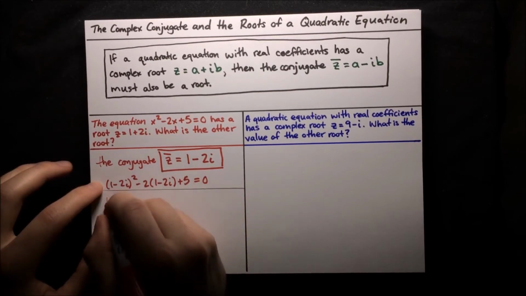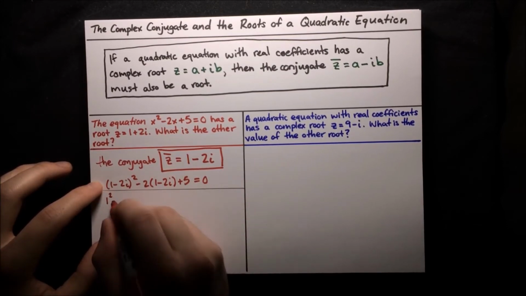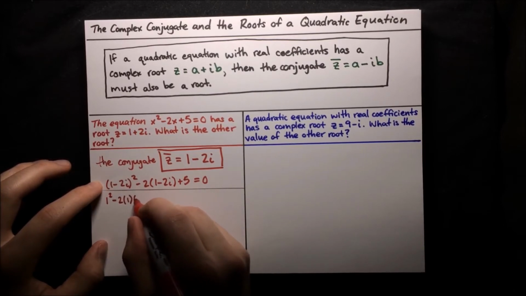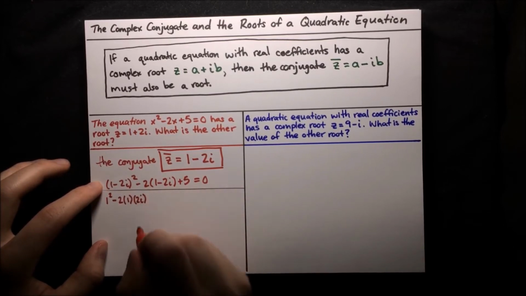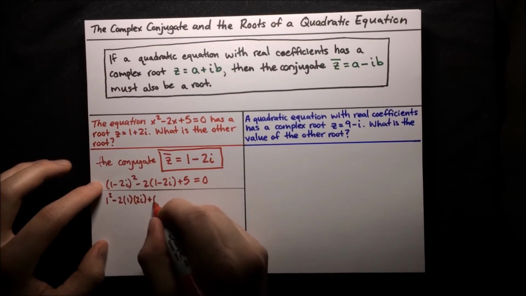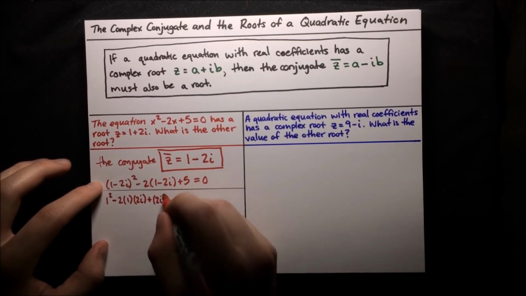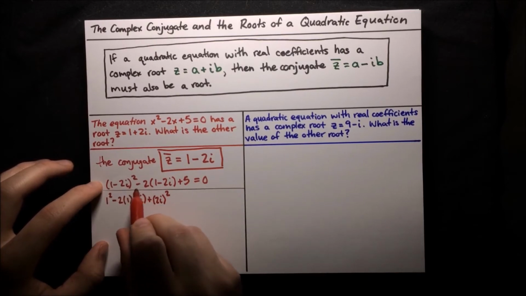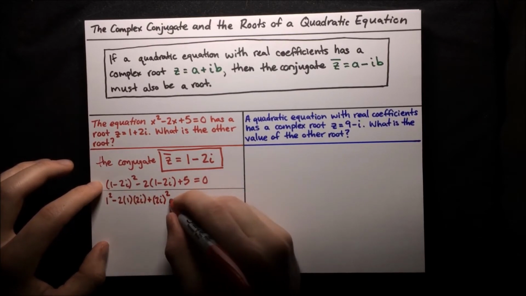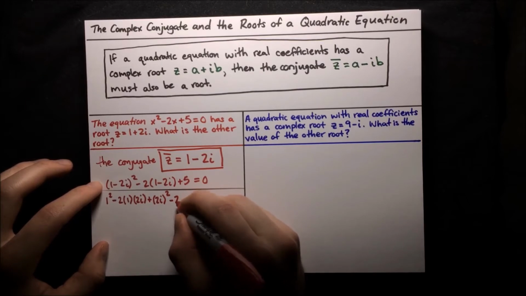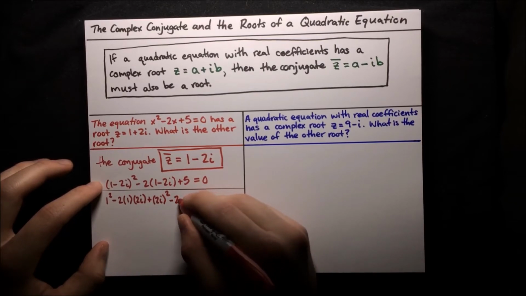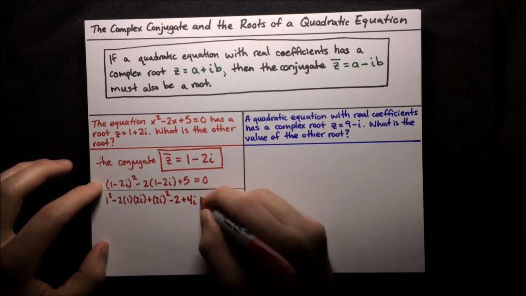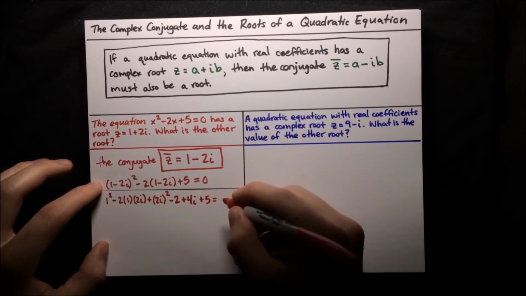We get 1 squared, then minus 2 times 1 times 2i, and then plus the quantity 2i squared. That comes from expanding out this, and then let's distribute that minus 2 over. So minus 2 times 1 is just minus 2, and then minus 2 times minus 2i plus 4i, and then plus 5 should equal 0.